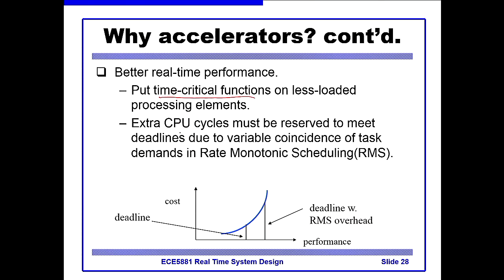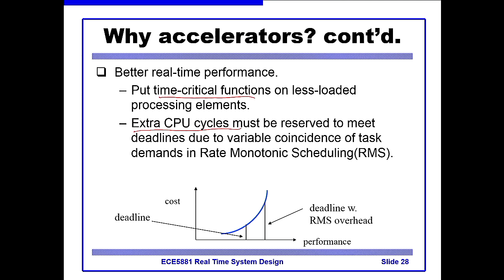All right, so the other approach is for real-time performance, you must reserve extra utilisation. So you have headroom in the utilisation. So you know that if you've got less than 69% utilisation with RMS, you're guaranteed to schedule. So that 31% that you've got left over is for the collisions of all the deadlines.